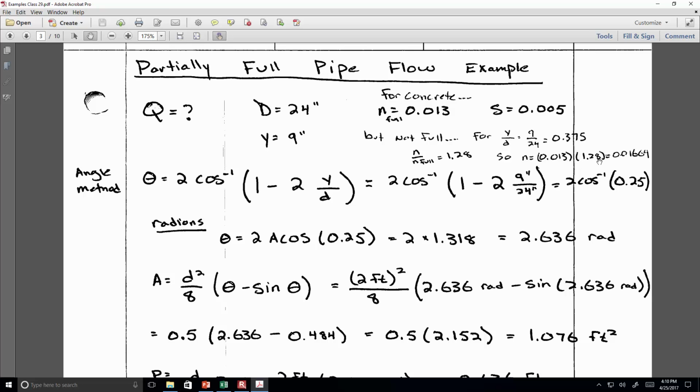So the n value, I got 0.01664. That's a little optimistic on the precision. The angle, 2.636 radians. Everybody get that for the angle? Close, okay.